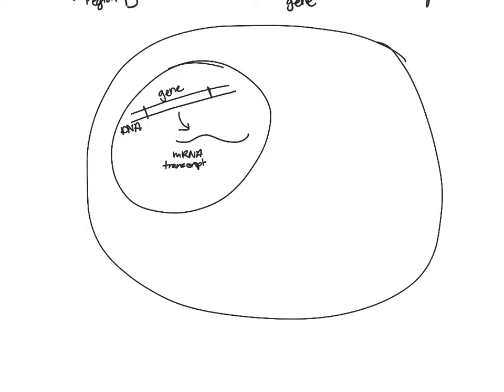But now what we have is what's called mRNA modification. And this is when we have our finishing touches added to the mRNA in eukaryotic cells.